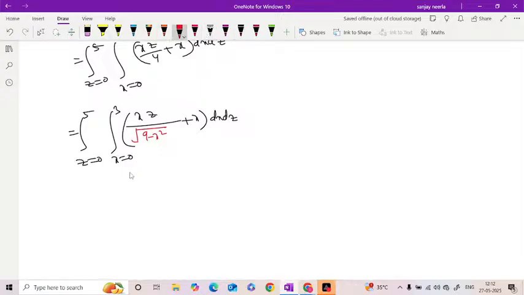Now here z is the variable. So after integration, this one is z into 9 minus x square whole power 1 by 2 by 1 by 2, and inside there is the derivative of minus x square, which is minus 1 by 2.